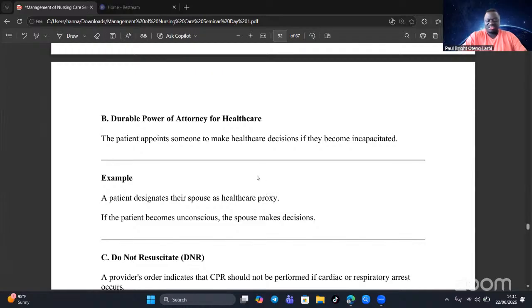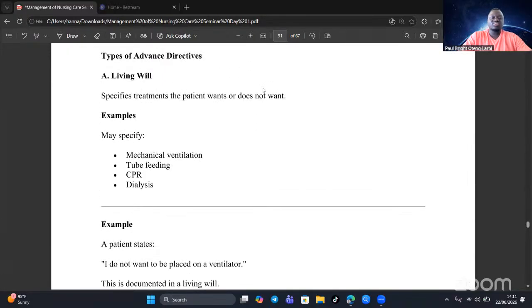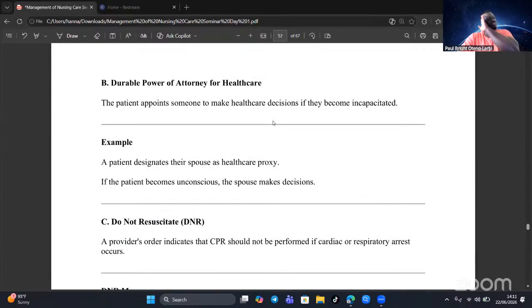Go and see your doctor, draw an advanced care plan, put it on your phone, give it to your family members if you wish. In case something happens to you, this is what you wish to be done for you. Nobody should do CPR for me. Nobody should put me on any ventilator, whatever. Call it a living will.